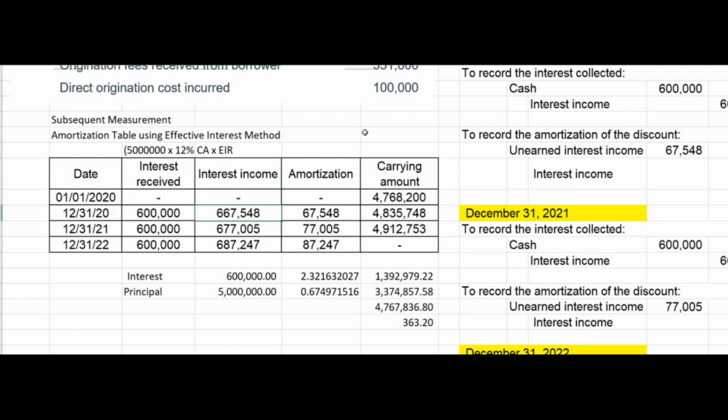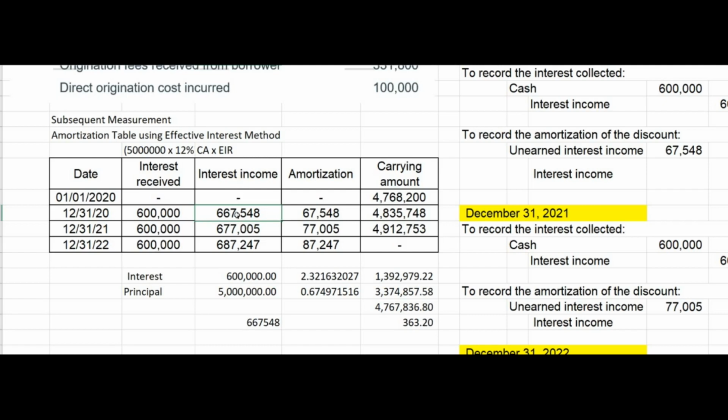So, this 667,548 is actually computed as 4,768,200 multiplied by 14%. So, you'll have that much, 667,548. After that, you just get the difference of these two.